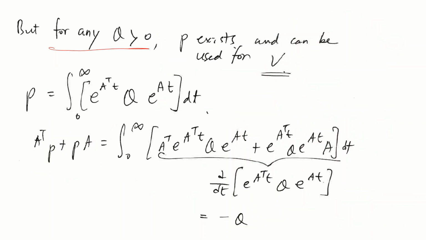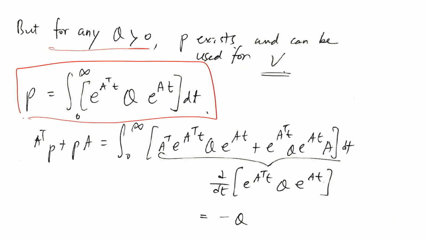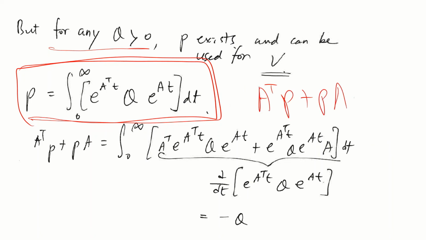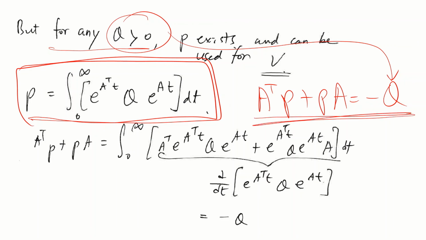How would you show that? You set P this way. This is in fact the solution to the Lyapunov equation, PA plus A transpose P equals minus Q. You choose whatever positive definite matrix Q, then the solution to this Lyapunov equation turns out to be this. P involves this integral of matrix exponential.